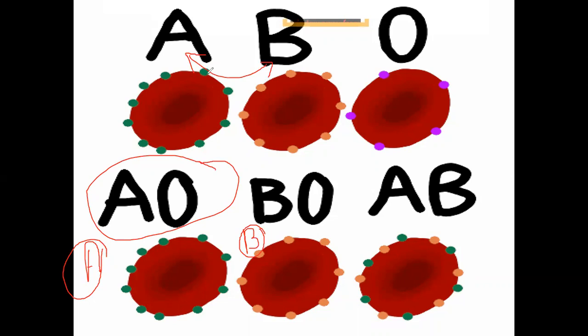So if we have allele A and allele B, we have blood group AB. So both alleles are expressed. So this is the case of codominance.